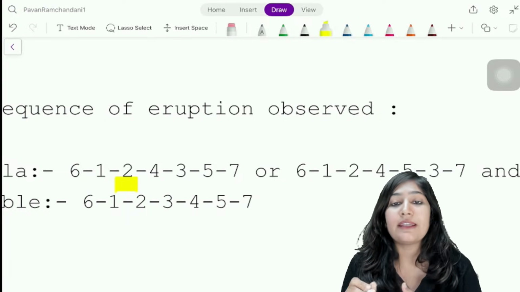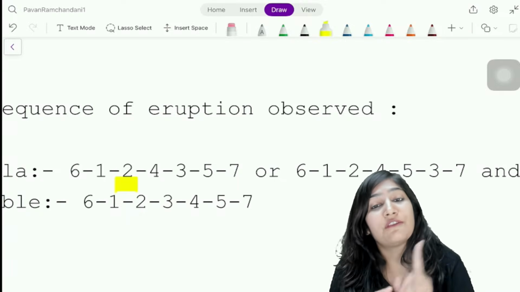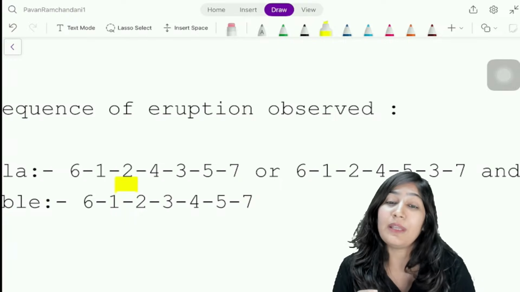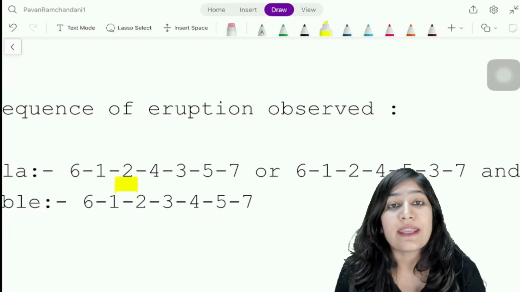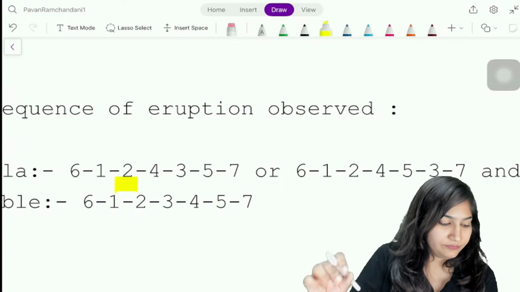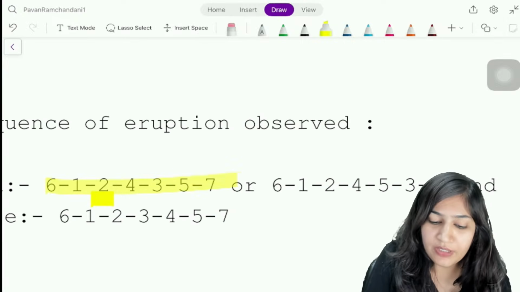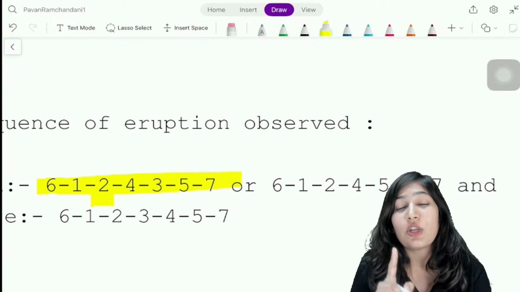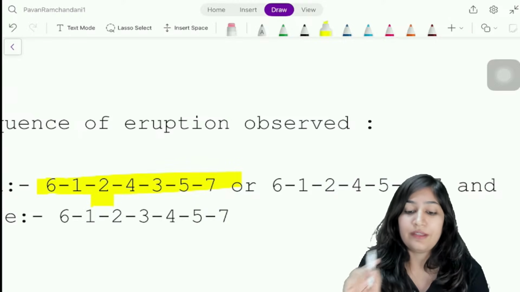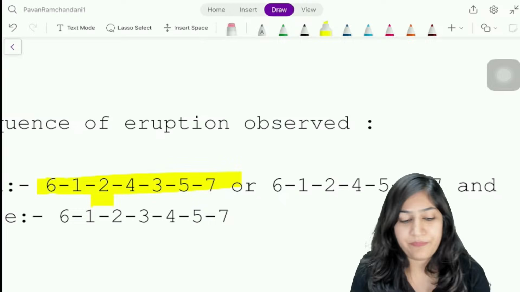So canine can come before second premolar, but after first premolar, or it can come even after second premolar, right? So you should be thorough with this sequence. First premolar comes before canine. Canine can come before or after second premolar.